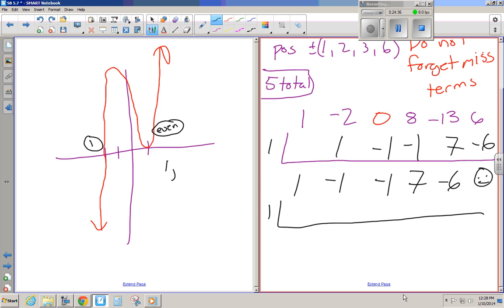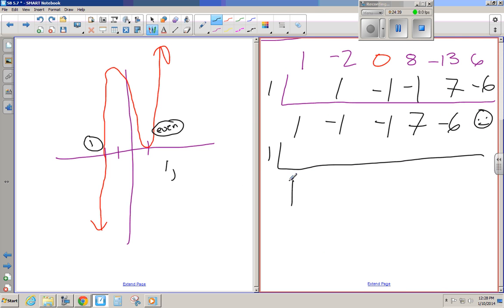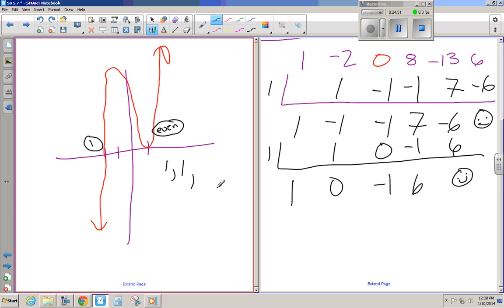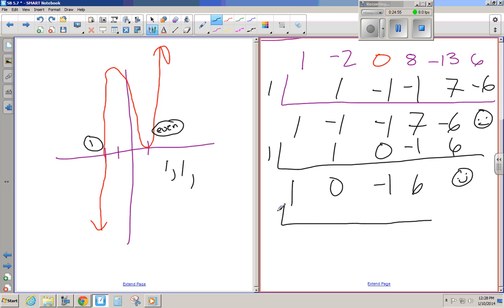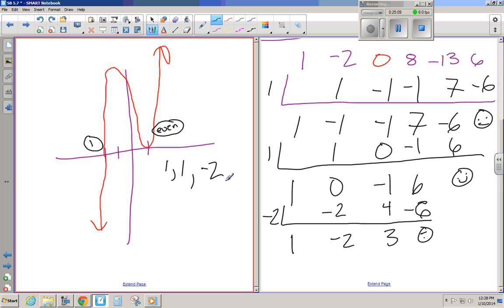Let's see if 1 works again. One works a second time. Now we could try one more time, but let's go ahead and try our -2. So negative 2 works.